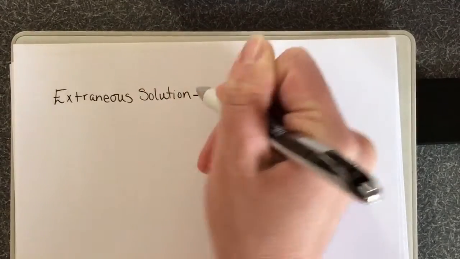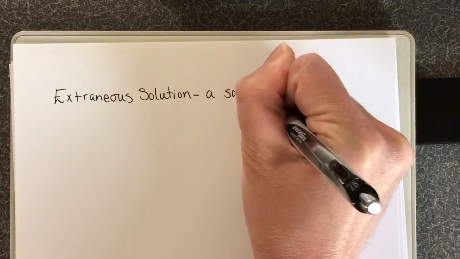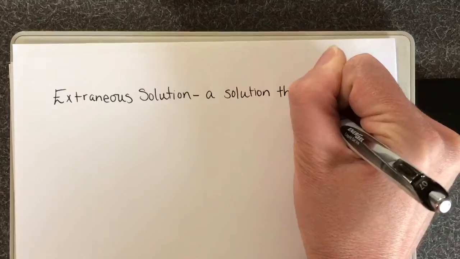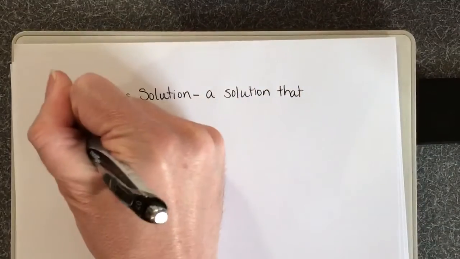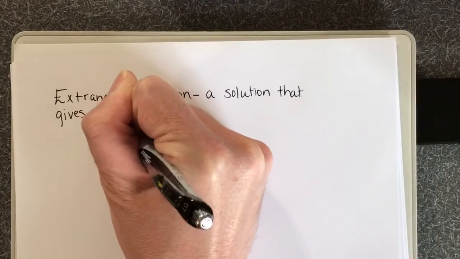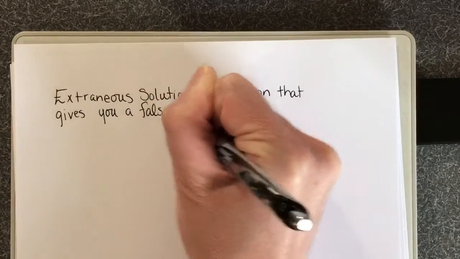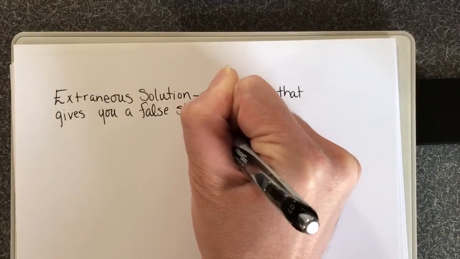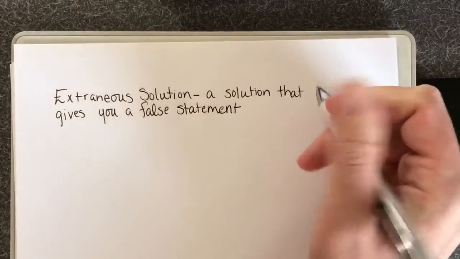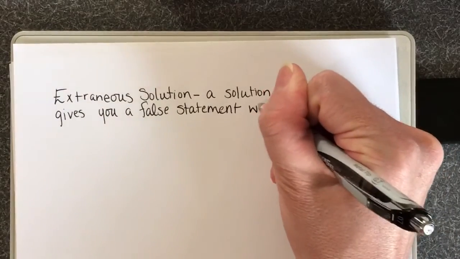So an extraneous solution is a solution that gives you a false statement when you go back and plug into the original equation.